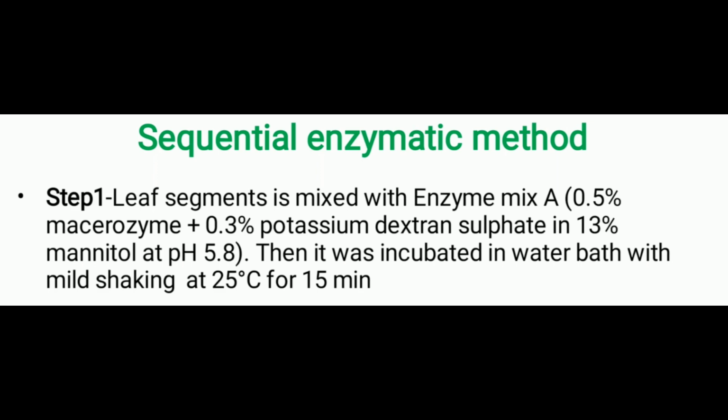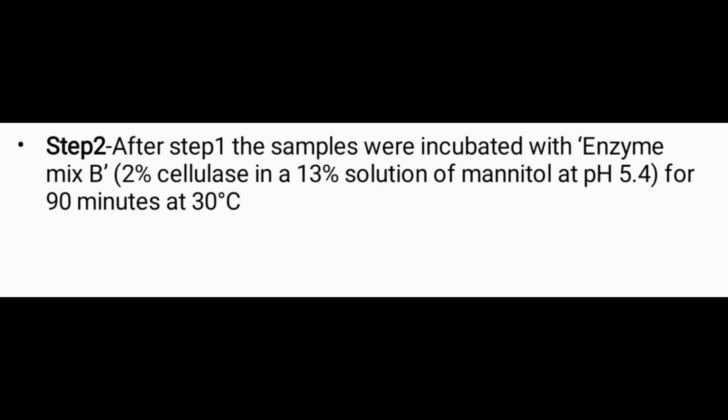It is incubated at 25 degrees Celsius for 15 minutes and the cells become separated. After that, the individual cells are incubated with enzyme mix B, consisting of up to 2% cellulase and 13% sorbitol or mannitol solution, with pH adjusted to 5.4. This is incubated at 30 degrees Celsius for 90 minutes.